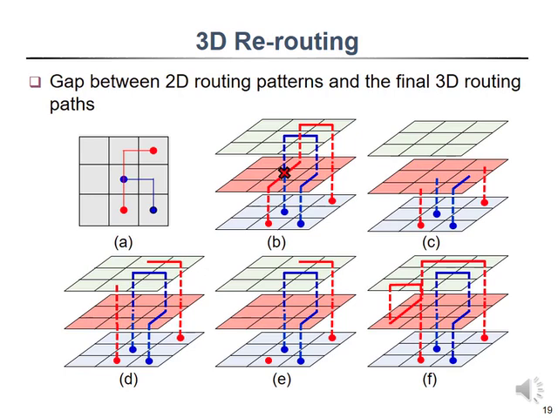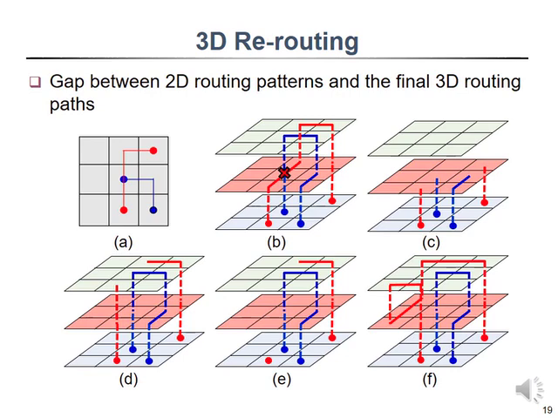In other words, even if there is no overflow in the 2D global routing result, overflows can be caused after the 2D routing patterns are converted to 3D routing patterns. The gap may cause lots of unpredictable overflows. Hence, in the last step of our framework, we reroute those unassigned segments.